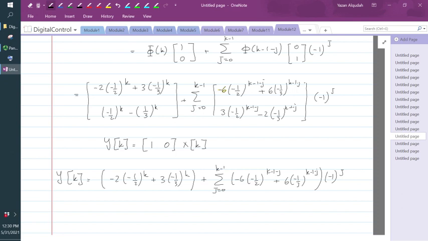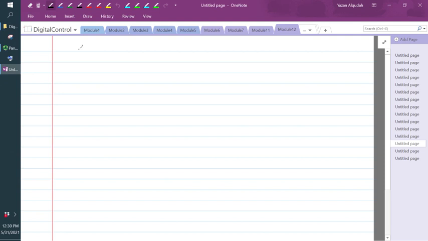Now the last thing we're going to discuss here is the initial conditions and the observability.